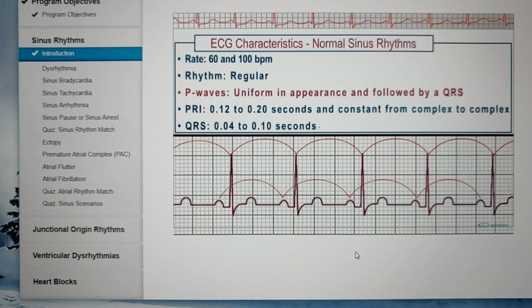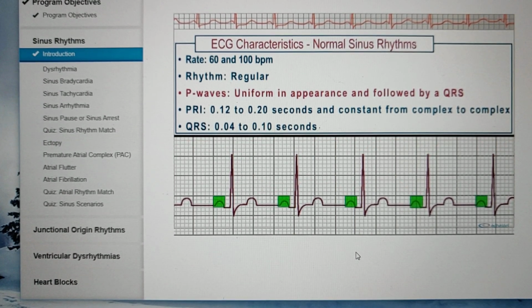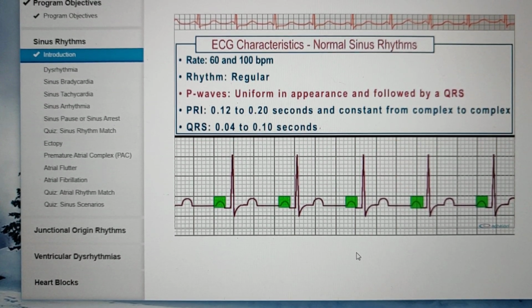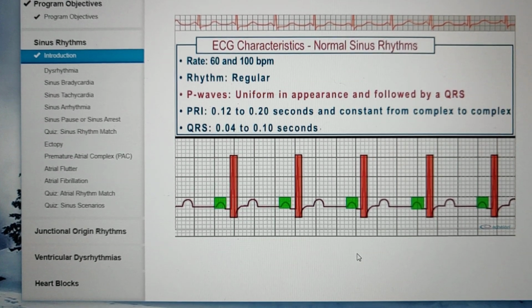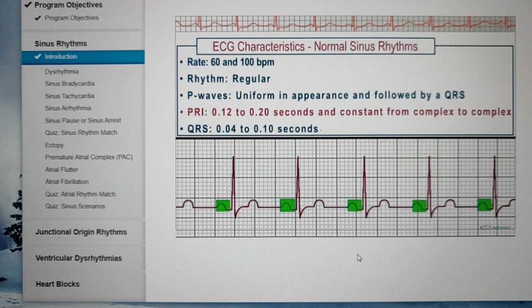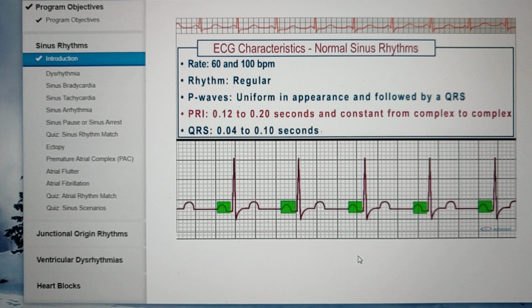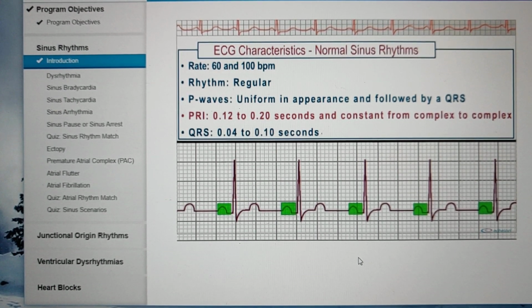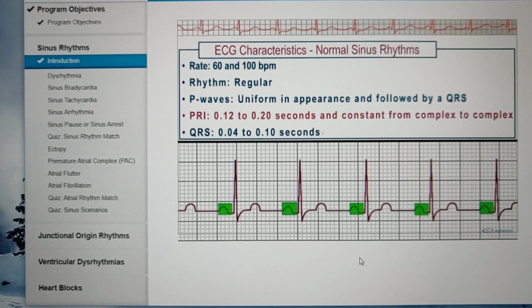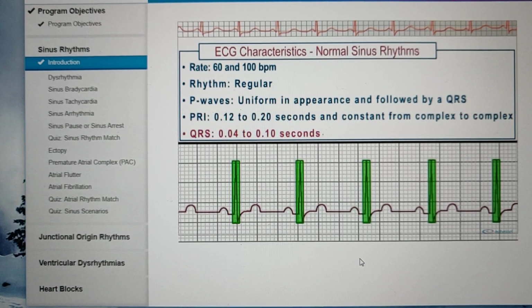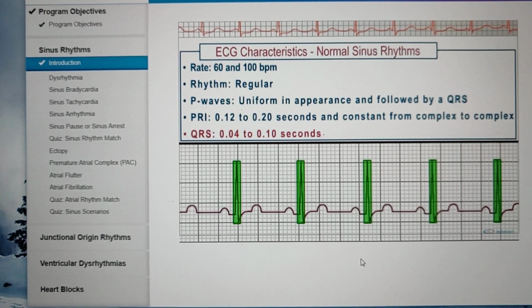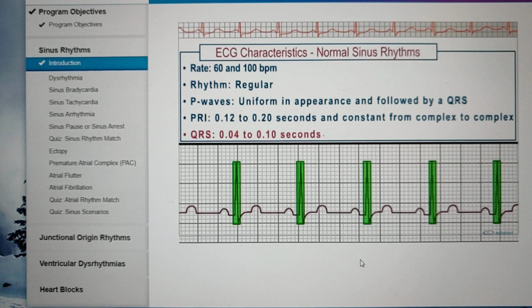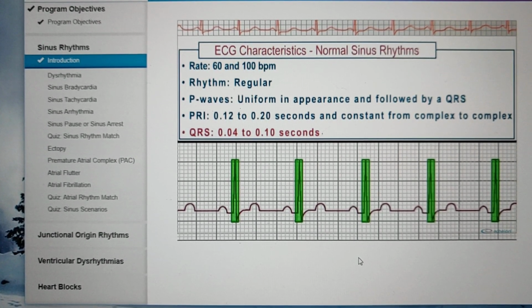Uniform in appearance and followed by a QRS, they usually appear with a positive deflection, depending on the lead used. PR interval. 0.12 to 0.20 seconds and constant from complex to complex. QRS. 0.04 to 0.10 seconds and constant from complex to complex.